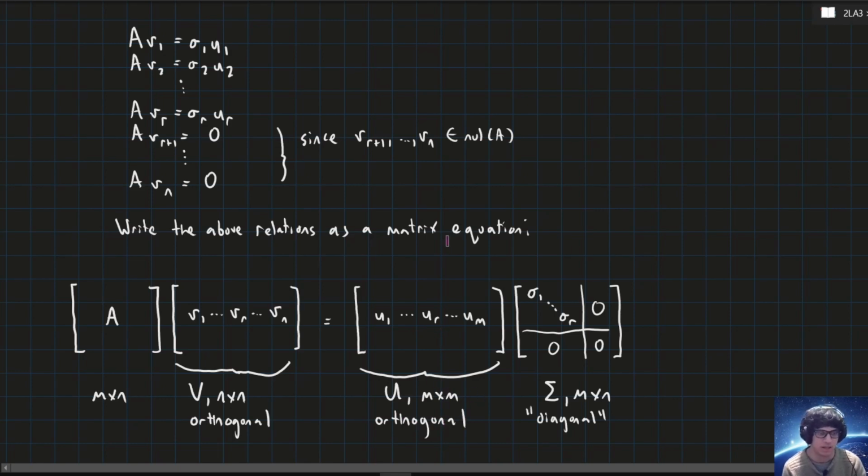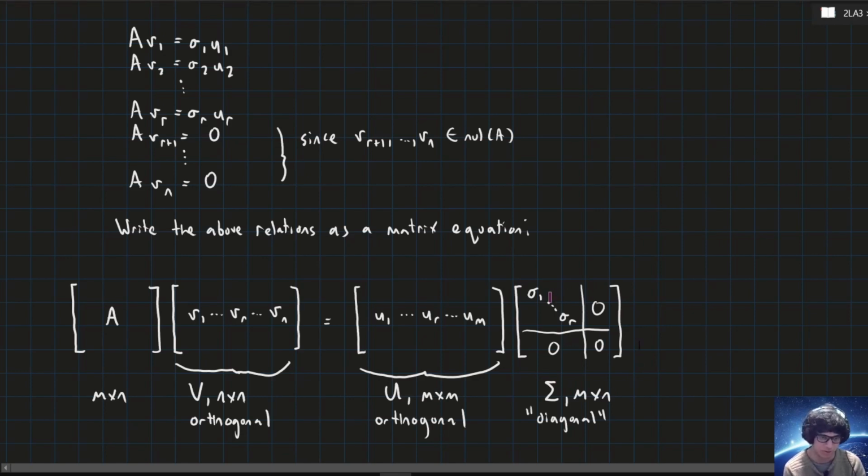And if we want this to equal the right hand side here, we're going to need to scale each of the columns here by the appropriate sigma, or by 0. To do that, we need a matrix that looks like this.